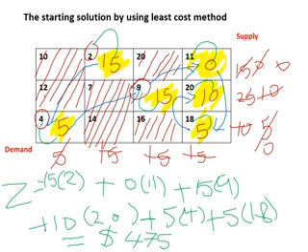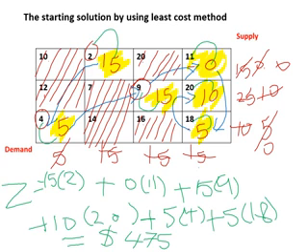Note that the value of the starting solution by using least cost method is less than the value by using northwest method. So this means that using the least cost method is better than using the northwest corner method. But the northwest corner method is easier because the path is forward and no diagonals, and the calculations are easier.